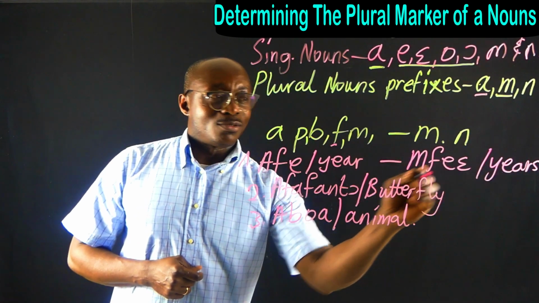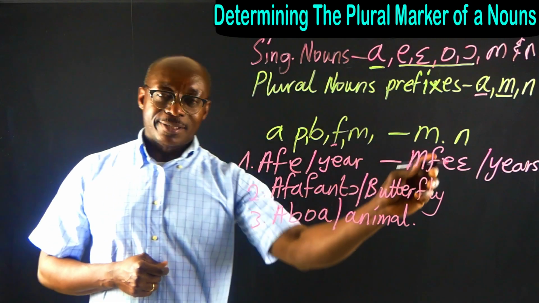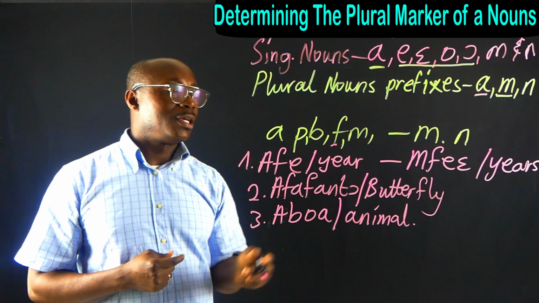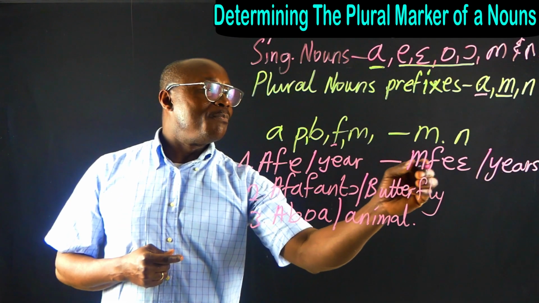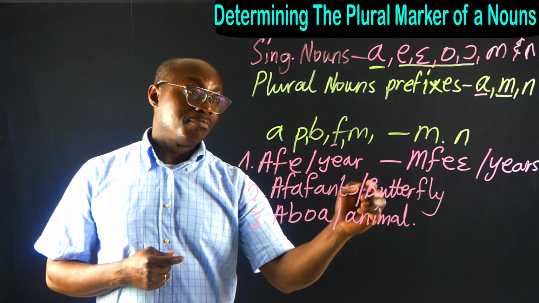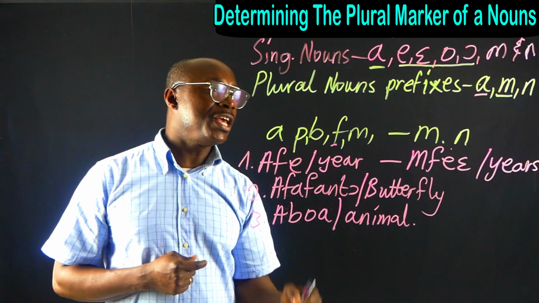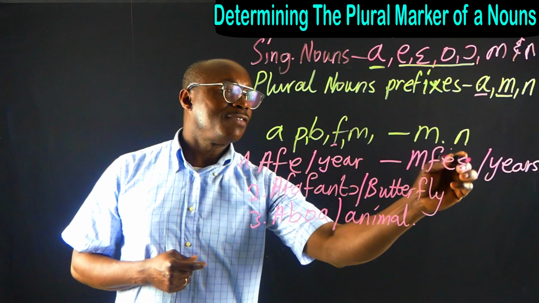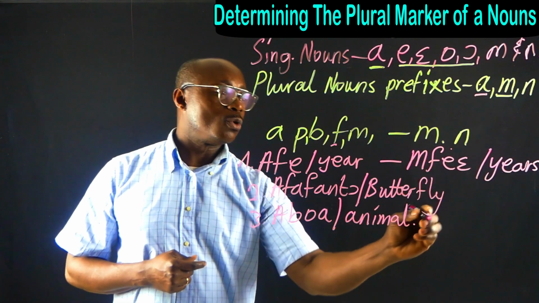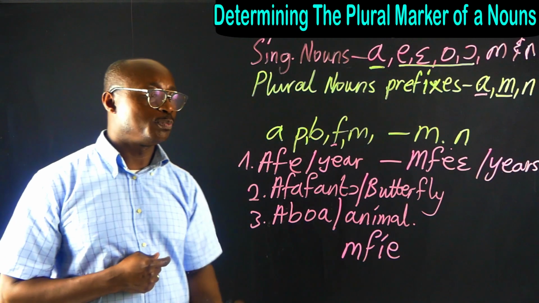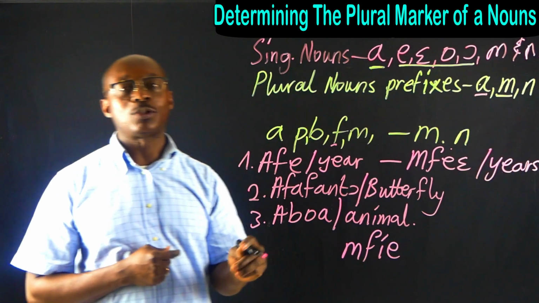Look at how it is written. In fact, the way it is written is somehow different from the way it is pronounced. If you look at it, it will be mfie, but we pronounce it as if there is I here, mfie, and as if there is E here. So it is pronounced this way. Mfie, and that is what?